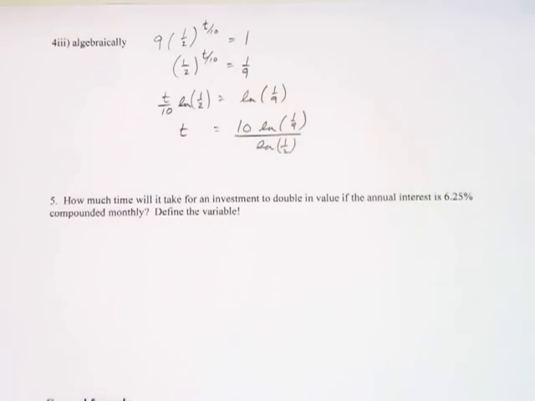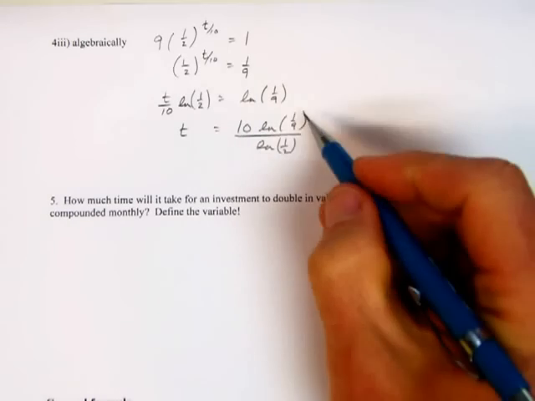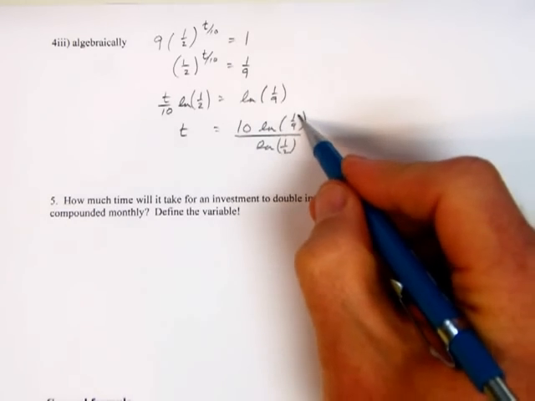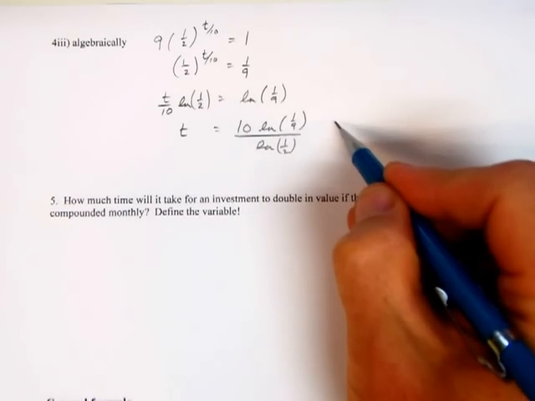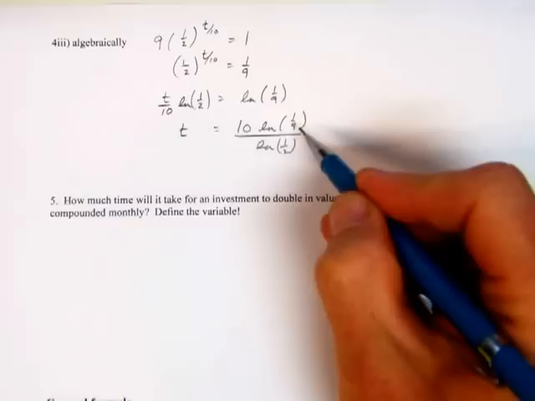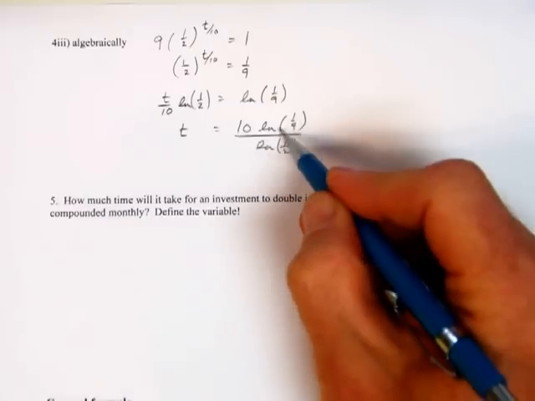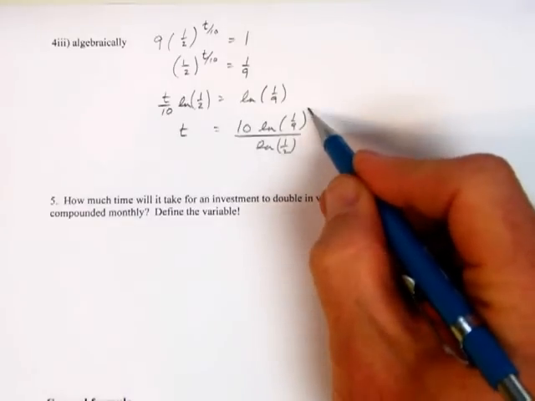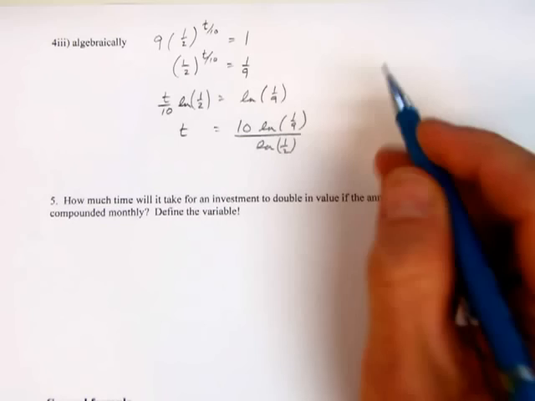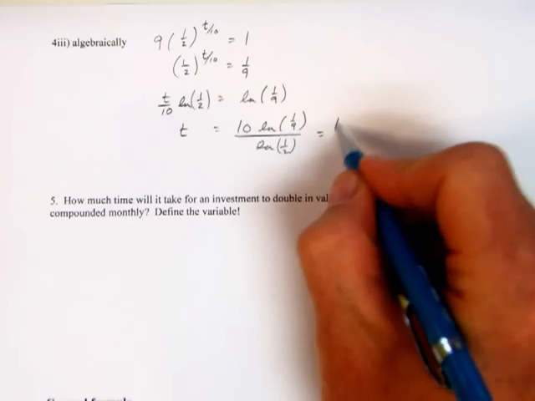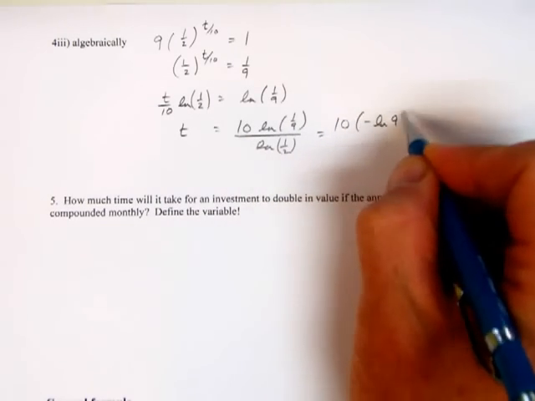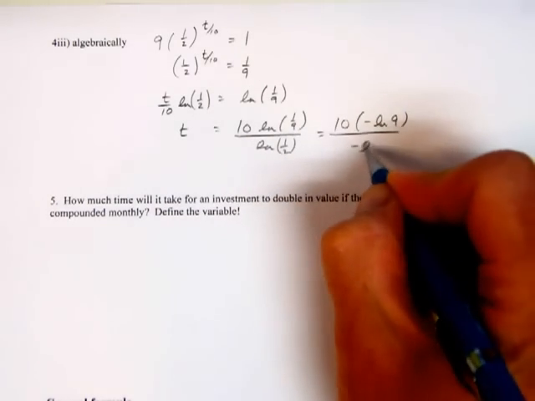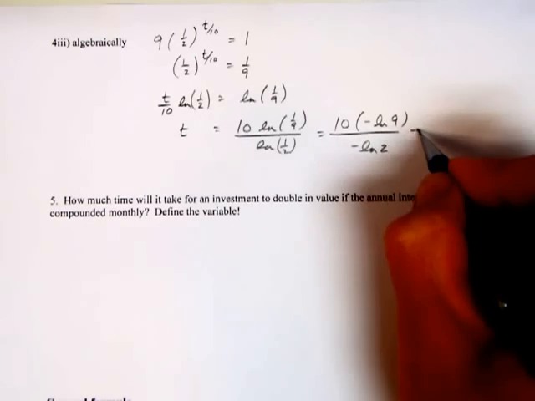Now we can simplify this because this is either ln of 1 minus the ln of 9, and the ln of 1 is 0, or you could say the ln of 9 to the negative 1, and that will come down. Either way, you get negative ln of 9, and similarly this would be negative ln of 2.